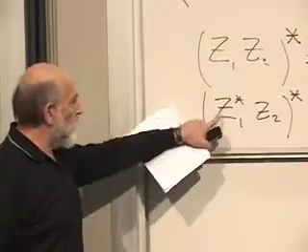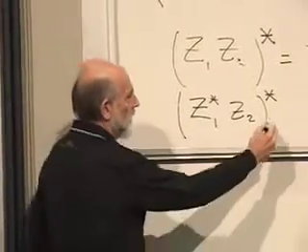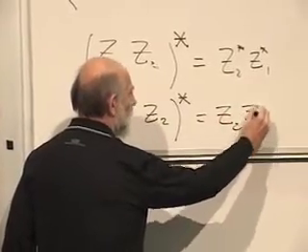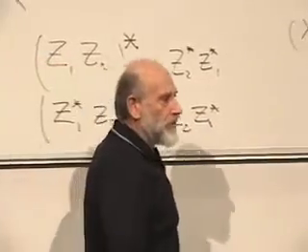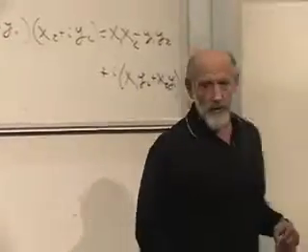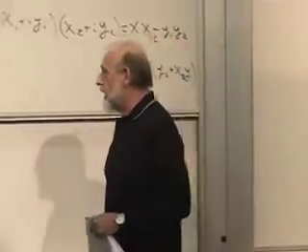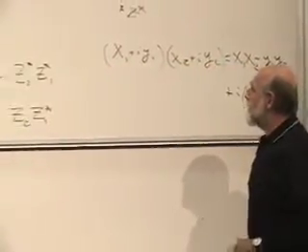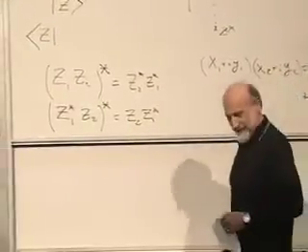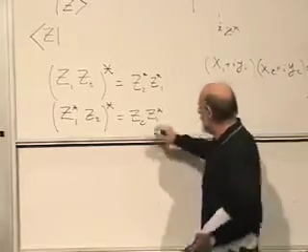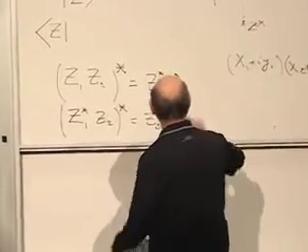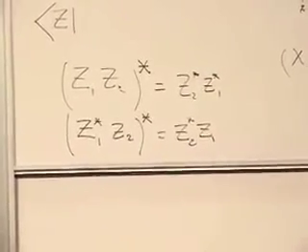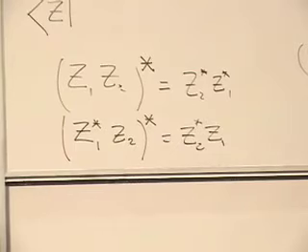The rule is just complex conjugate each factor, and that's equal to z2 star z1. So when you complex conjugate a product, you just complex conjugate each factor.